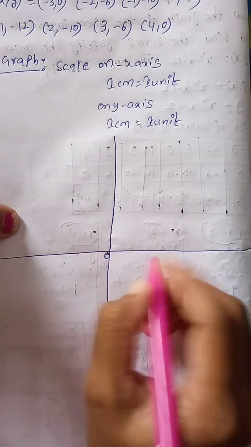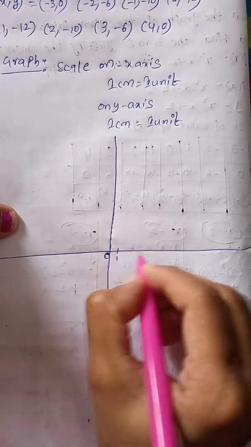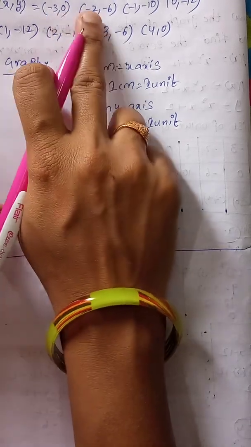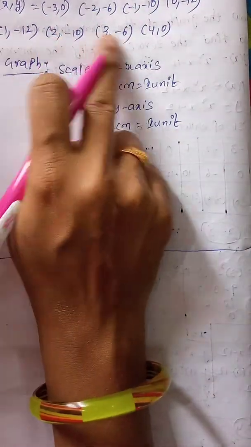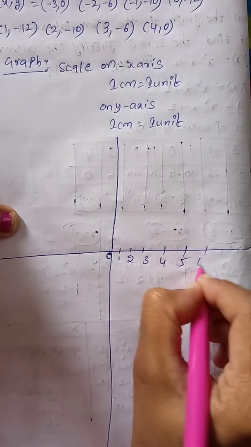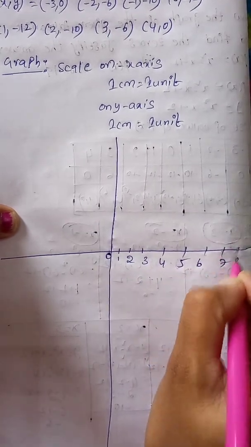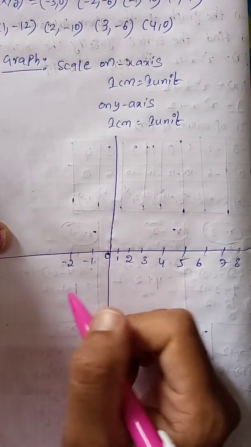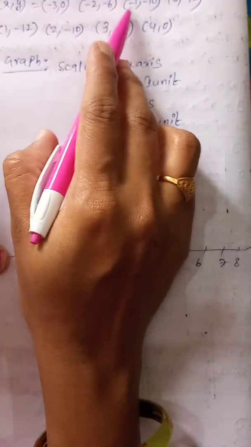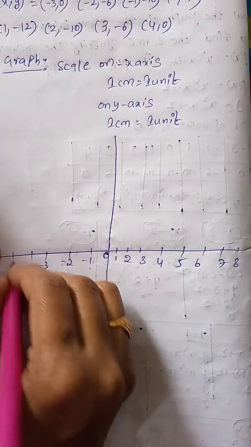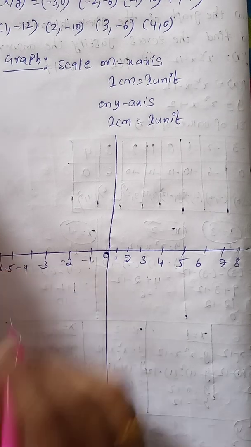First 0. On this side we have all the positive values 1, 2, 3, 4, 5, 6, 7, 8 on the x axis, and on the other side minus 1, minus 2, minus 3, minus 4, minus 5, minus 6.